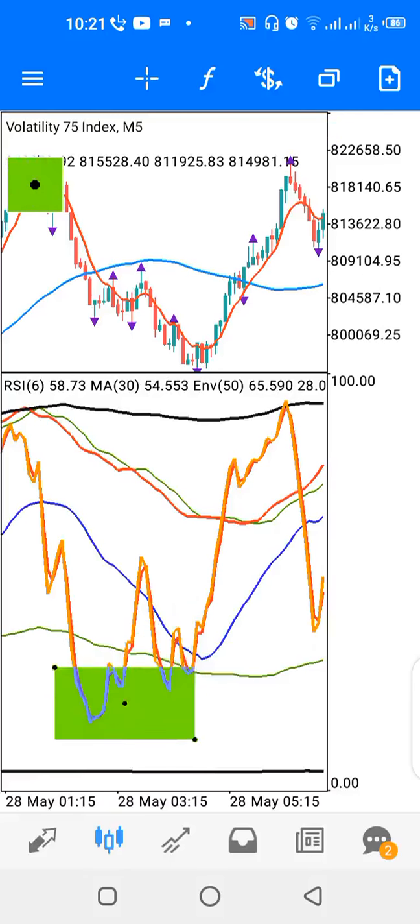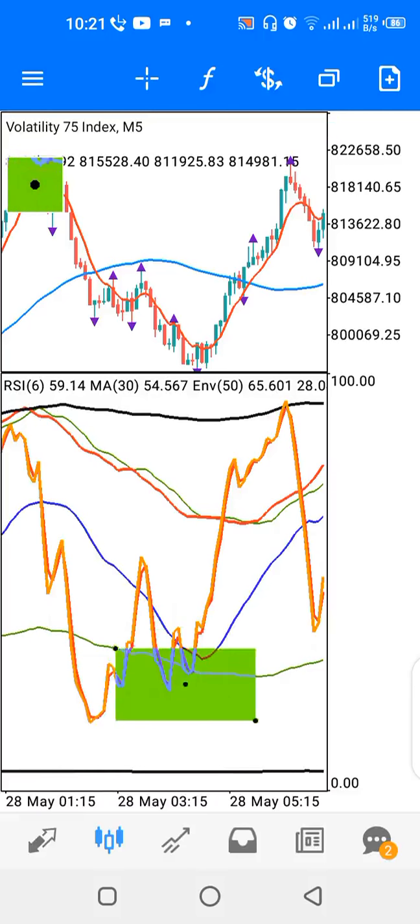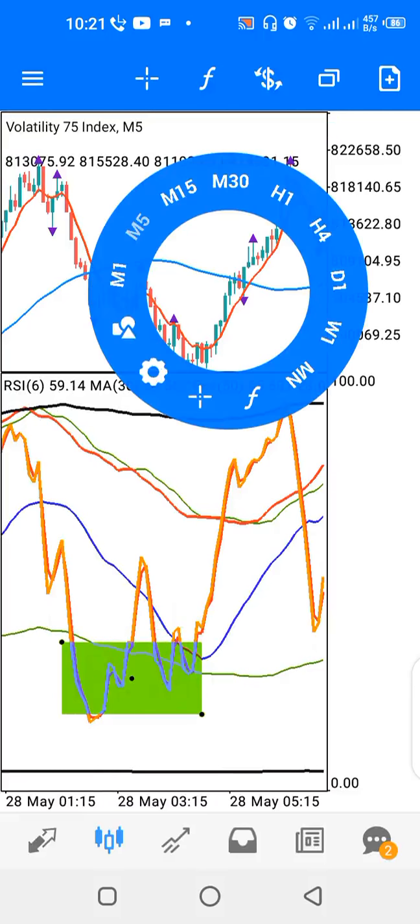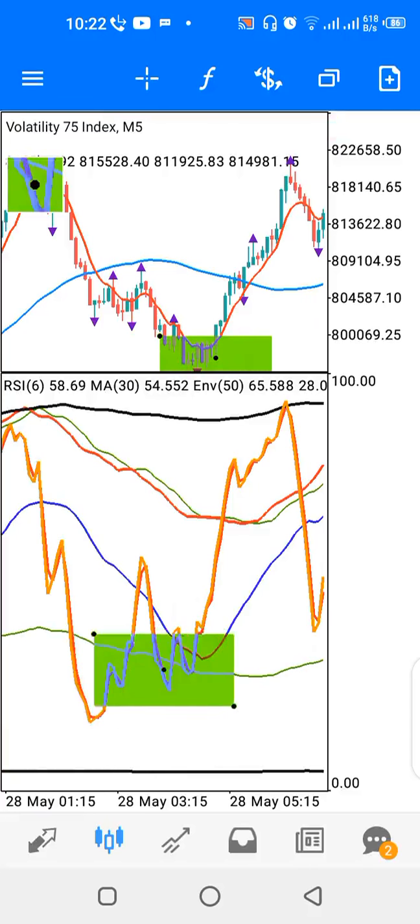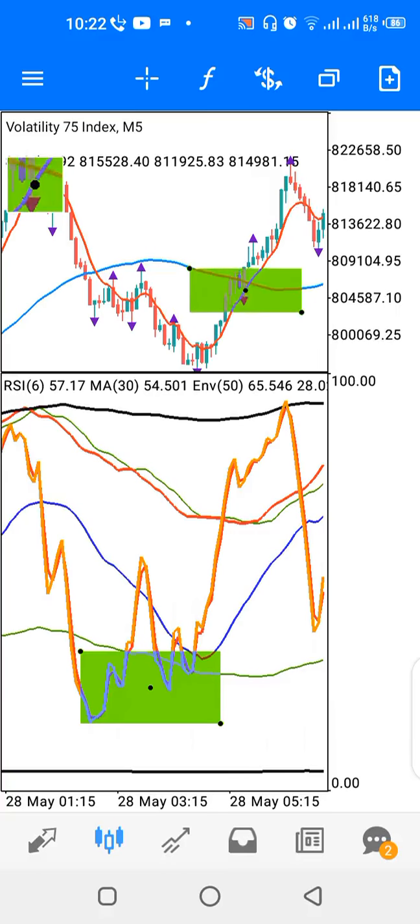Okay, like you can see, the red and the orange line forming a double bottom around here. If you look at what happened on the main chart, you have price finding support just after this double bottom. Okay, and you can see what happened. Price went up.